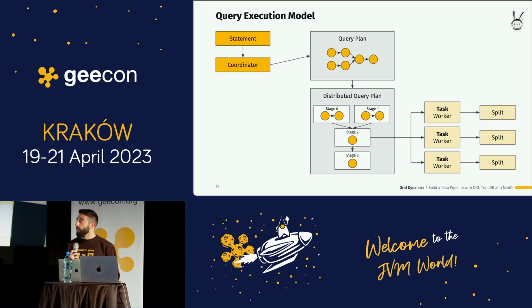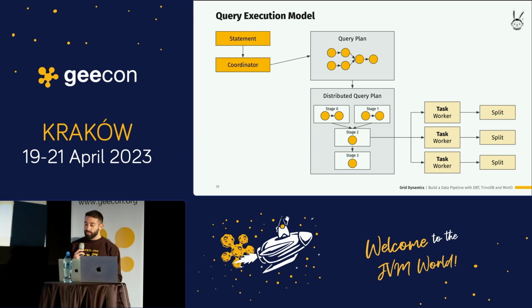Okay, let's now talk about how it's actually working under the hood. Imagine we execute a SQL statement. Trino will first turn this statement into queries. We are talking now about the coordinator level. After the query is planned, the next step is the distributed query plan. The query is split into stages, and we are still inside the coordinator.